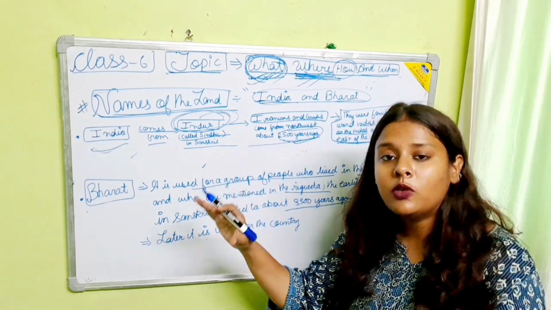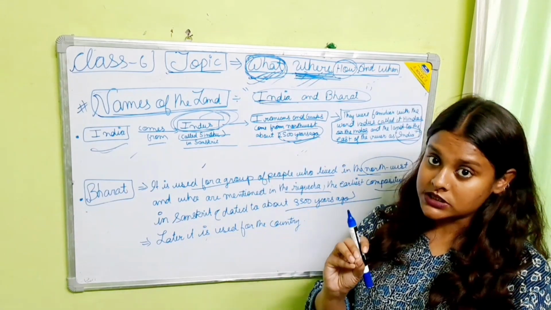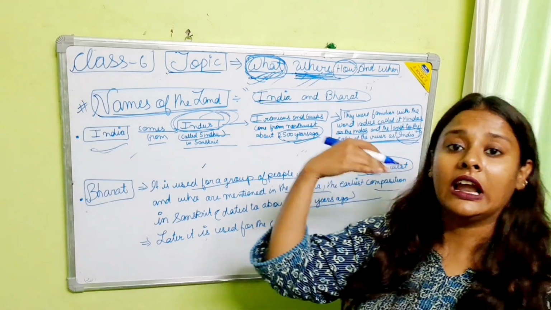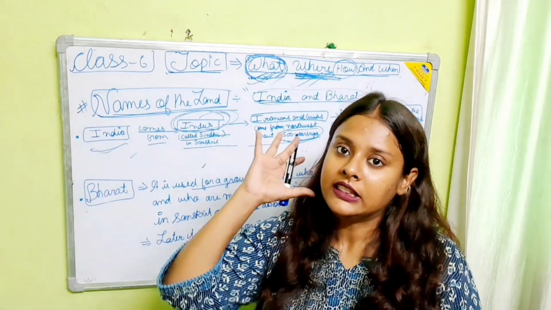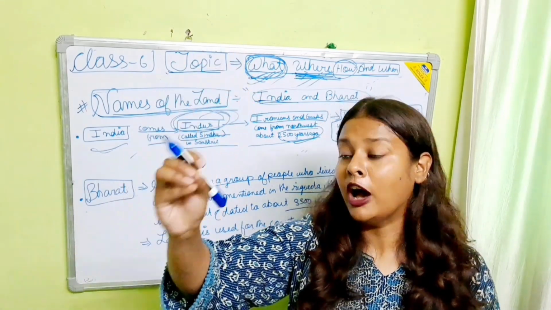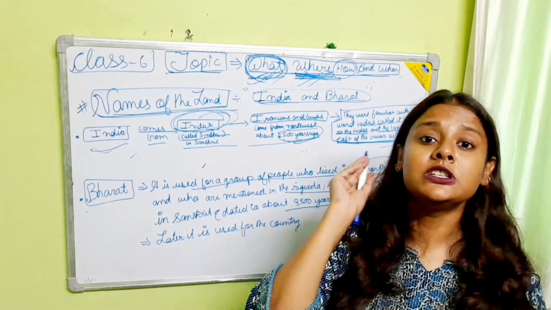They were familiar with the word Indus and called Indus as Hindus and Indos, and they called the land to the east of the river Indus as India. They named the land which was present to the east of the river Indus as India. This is where the word India comes from.